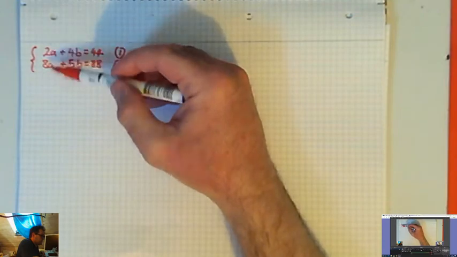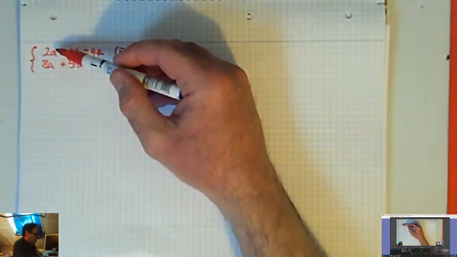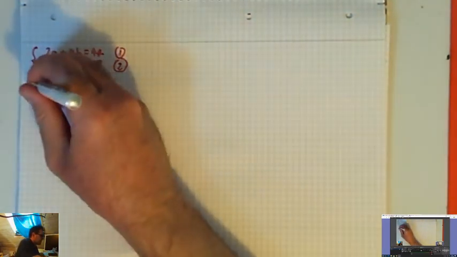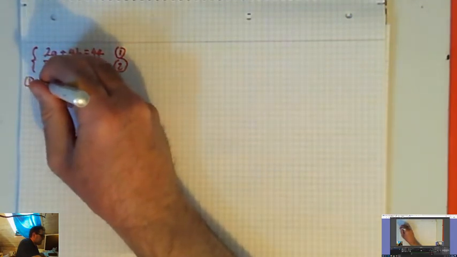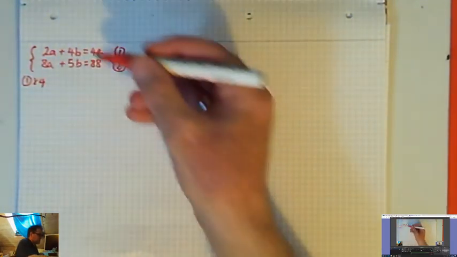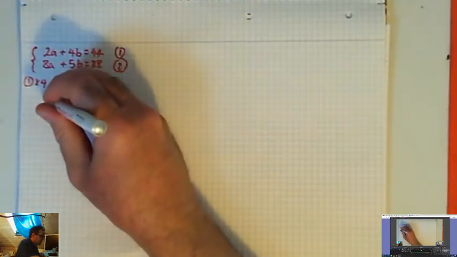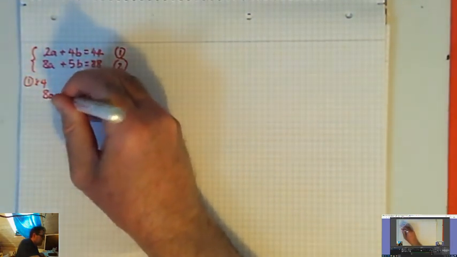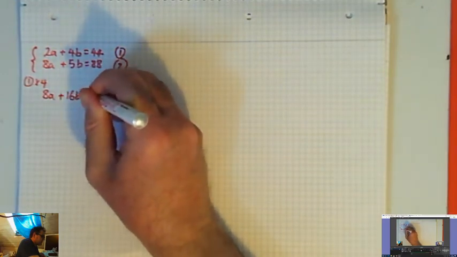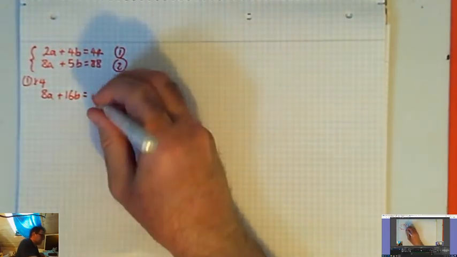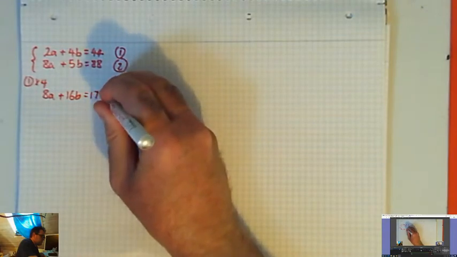I've got 2a and 8a. I notice that 2 goes into 8 4 times, so if I take everything in equation 1 and multiply it by 4, instead of 2a plus 4b equals 44, I get 8a plus 16b equals 176, I hope.